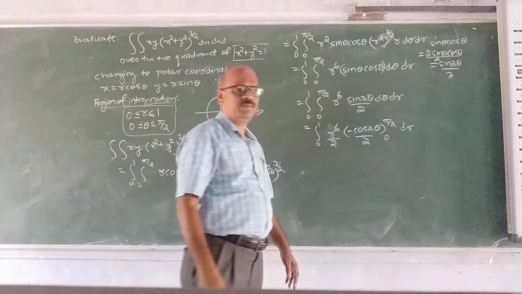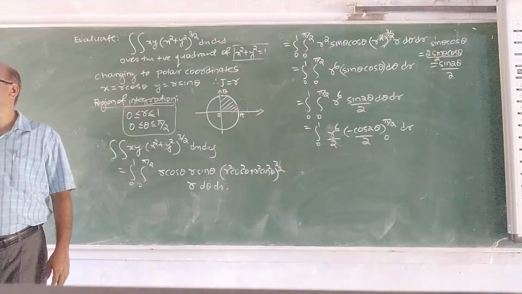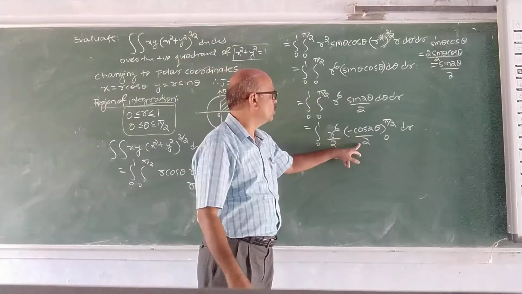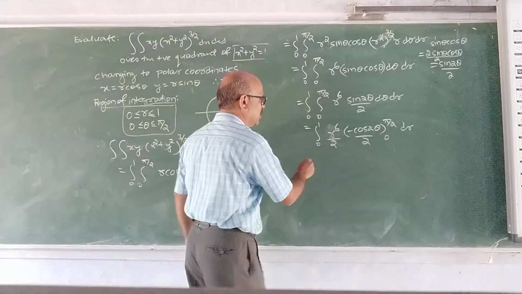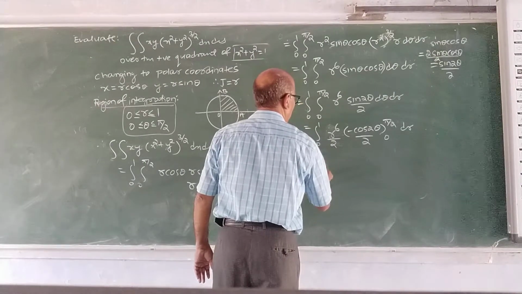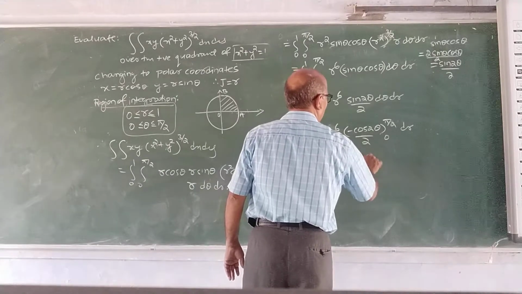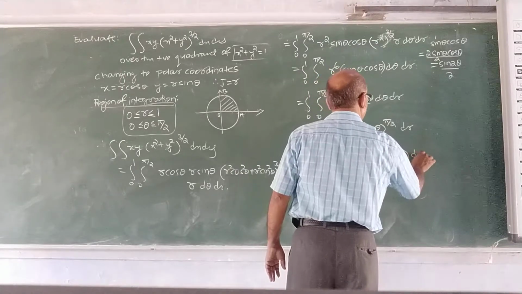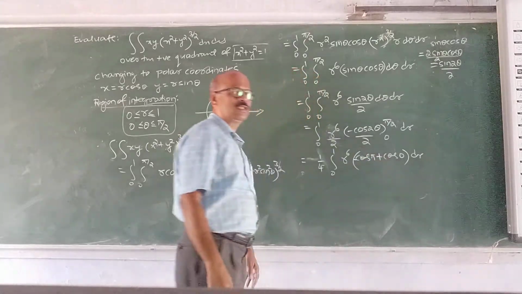with respect to r. What is the integration of sin 2 theta? Minus, integration of sin is minus cos 2 theta upon 2. Already 2 is there, upon 2 again comes here. Correct? What is this? Minus 1 by 4, 0 to 1, r raised to 6, cos of pi minus cos 0 dr. Or I write minus cos pi plus cos 0.